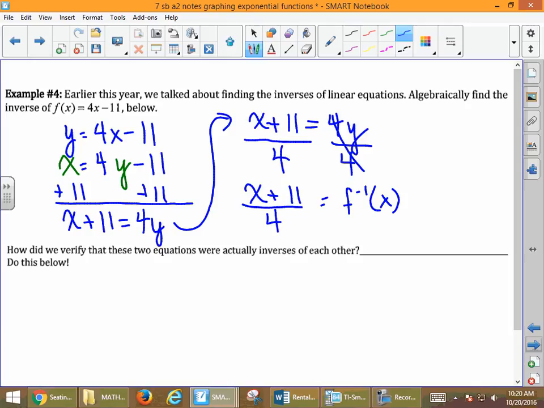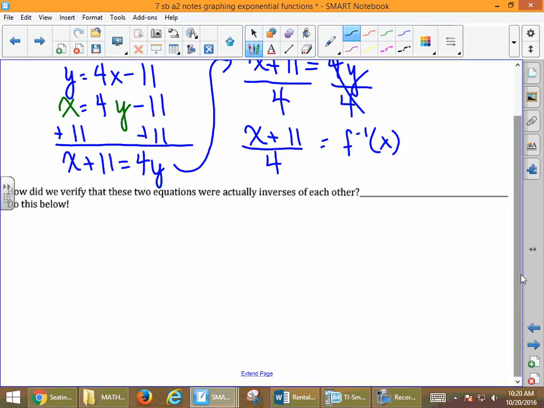But what we're going to do is verify that these two are inverses. Remember what the rule is that we have to use to verify? Well, the rule we need to verify is f of g of x equals g of f of x.